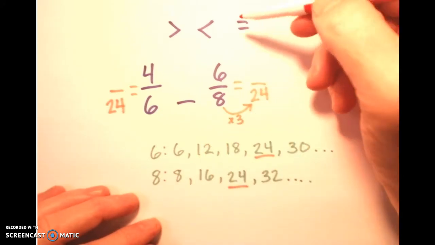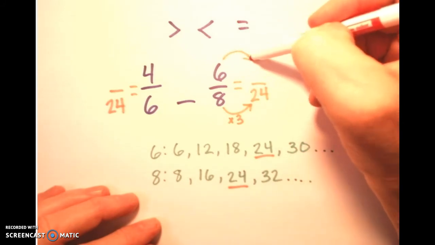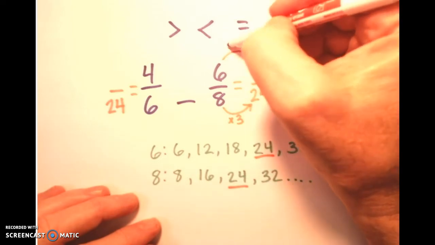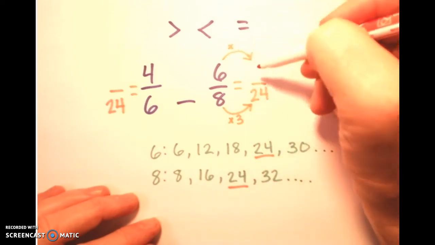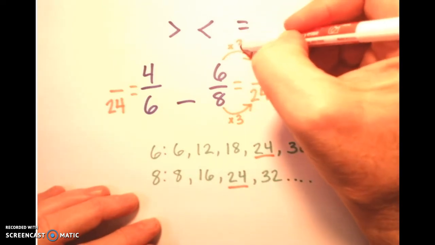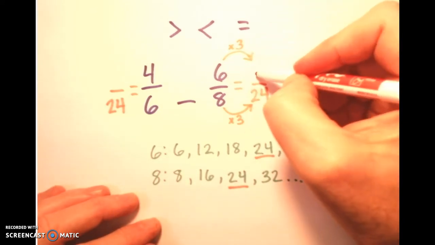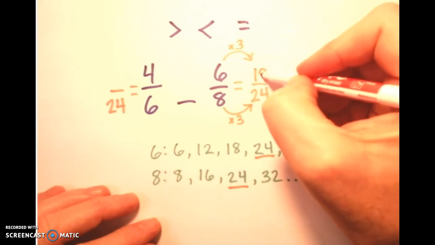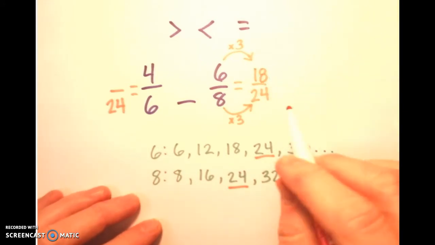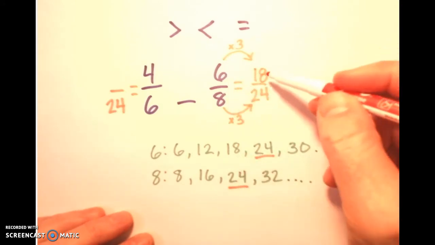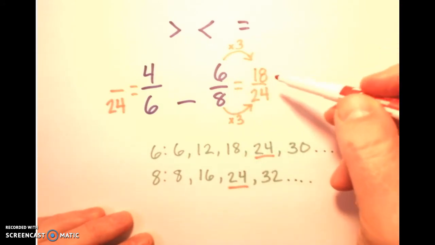And as I've said so many times in class, whatever I do to the denominator, I must do to the numerator. So whatever I do to one, I must do to the other. So that means I have to multiply 6 times 3. 6 times 3 is 18. All right? So I'm done over here on this side of the equation. So 6/8 is equal to 18/24.